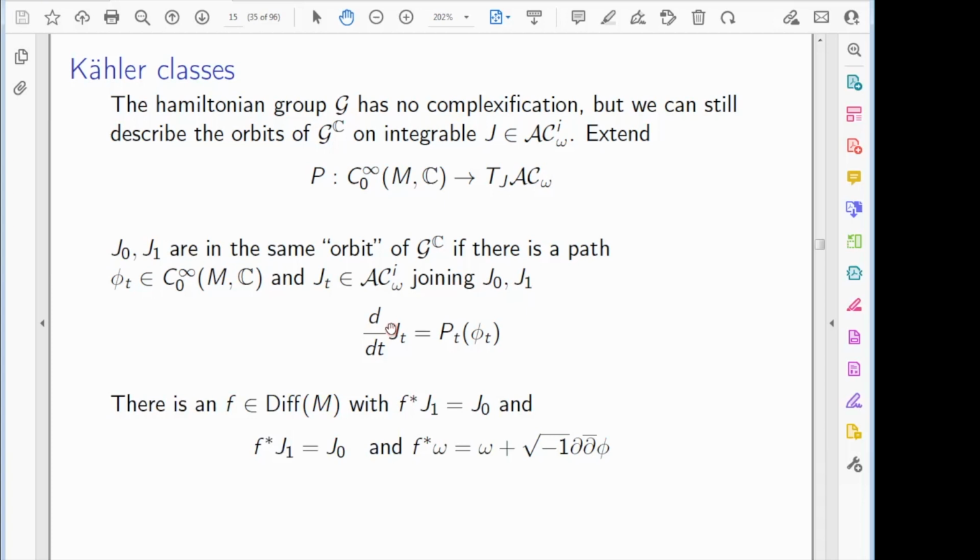Okay, so yeah, I guess this is just a restatement of what I wrote: a diffeomorphism will take one complex structure to another.